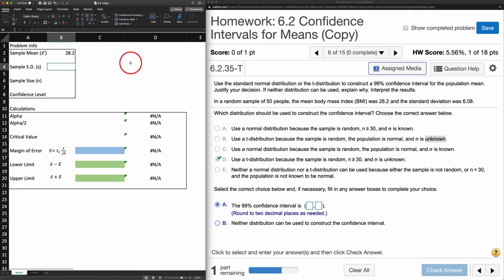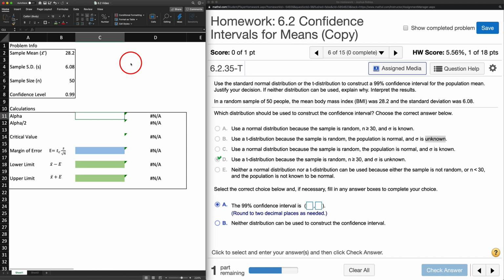The standard deviation is given as 6.08. This is s, the sample standard deviation. The sample size was 50, and we want to find a 99% confidence interval. So our confidence level is 99%, and we'll write that as a decimal, 0.99.